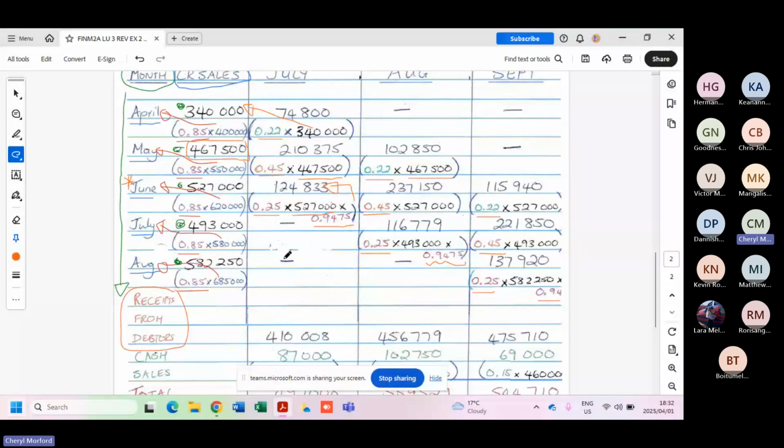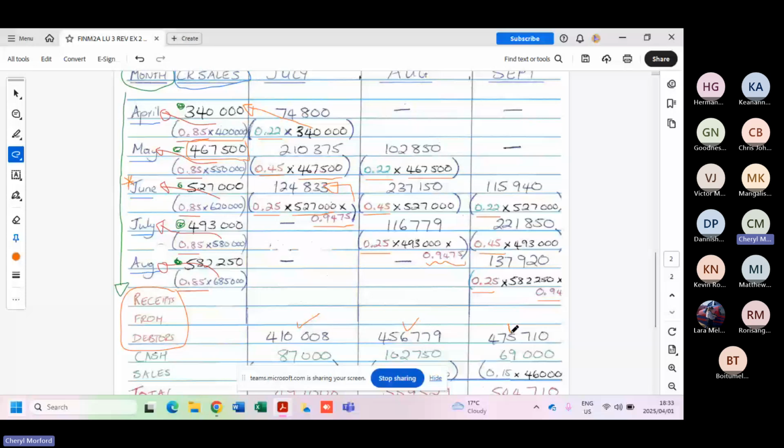Add all of that, so I get the 410. Likewise for August, I'm going to add those 3 amounts, and it's going to give me 456. September, I'm going to add the 3 receipts, gives me 475.